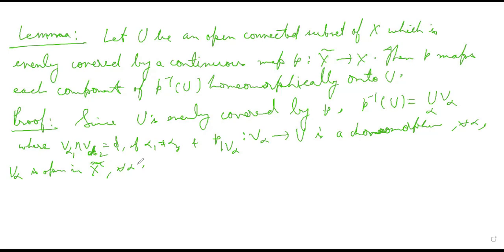Now, each V alpha is homeomorphic to U and U is connected, right?